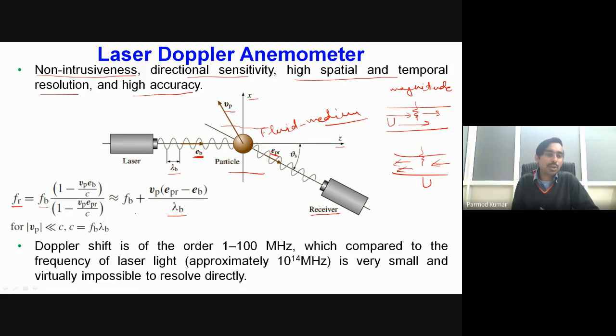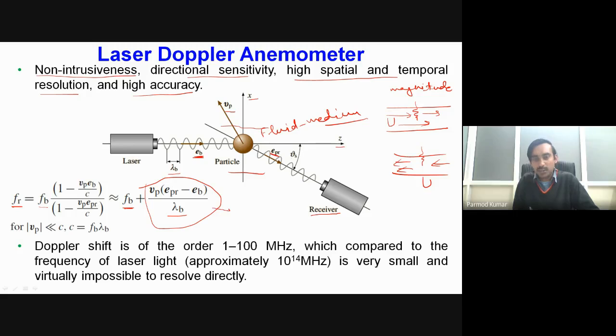Over here, f_b is the frequency of the incident beam, and the frequency we receive is changed by this magnitude.